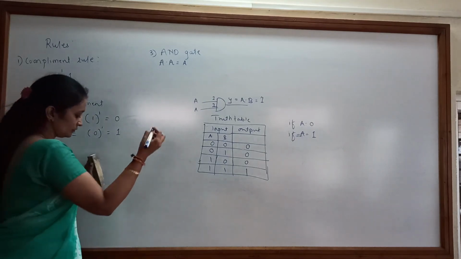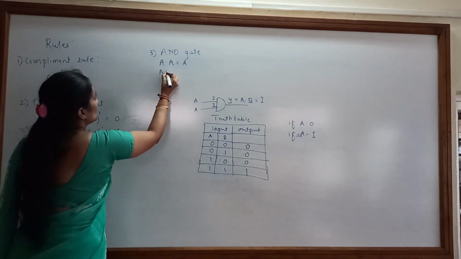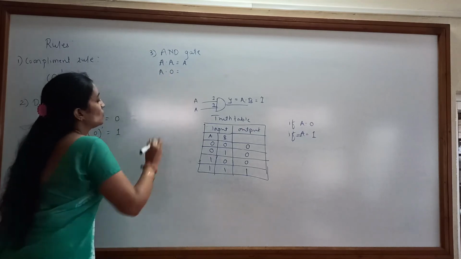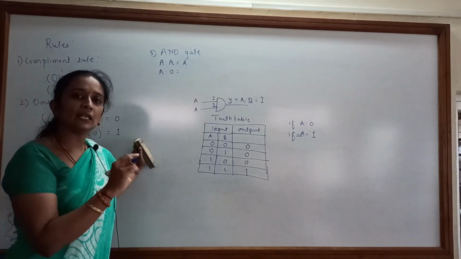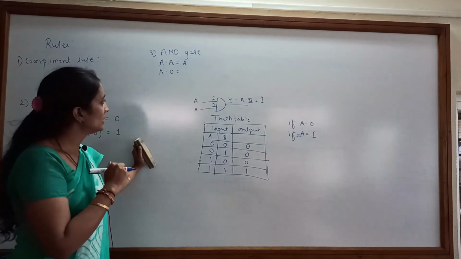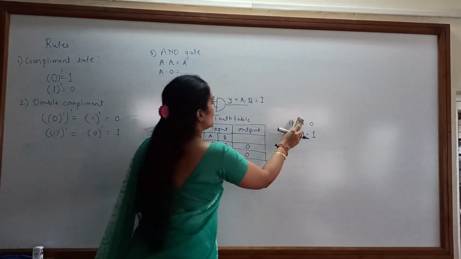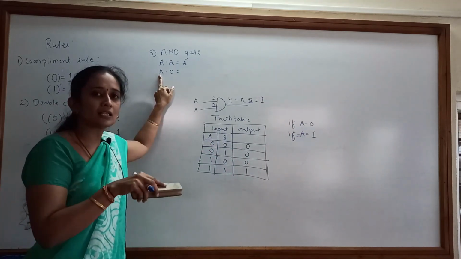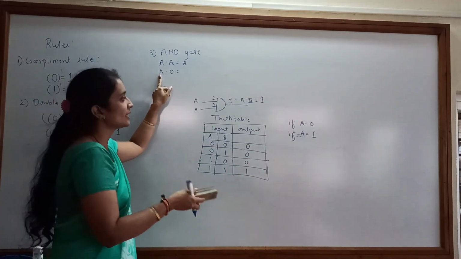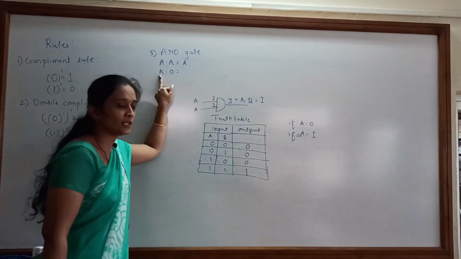Now second rule, A into 0 is equal to what? If we multiply any variable A with 0, then what we will get? Again, for this A, how many values are there? 2 values. Either 0 or 1. First we will check when A is equal to 0.